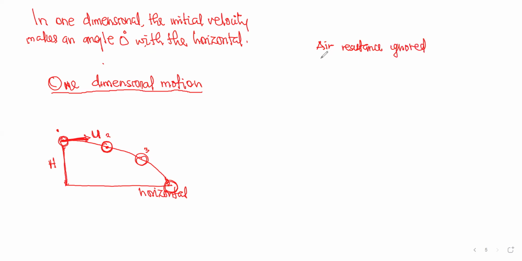Because of these two reasons, in projectile motion, horizontally, the velocity at every point is constant. So horizontally, the horizontal velocity is always constant.